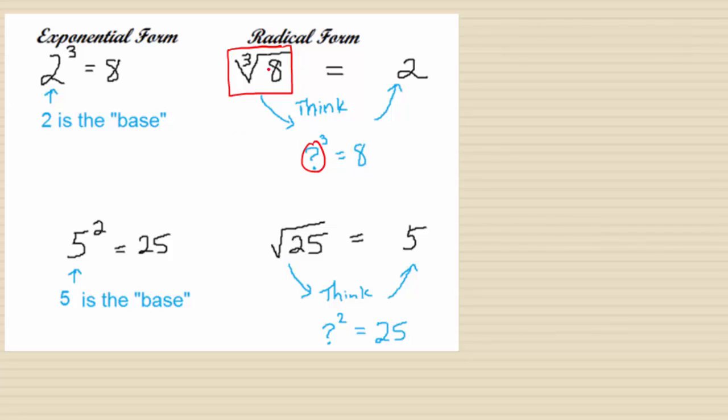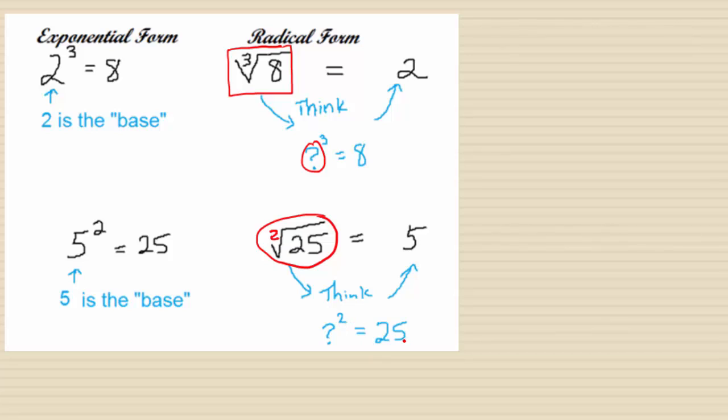And we say, okay, well, what number do you raise to the third power to get 8? And in order to ask that question, we use this radical notation. Or square root of 25, even though the index isn't written, it's assumed to be 2. What we're really thinking when we take the square root of 25 is, what do you raise to the second power? What do you square to get 25?